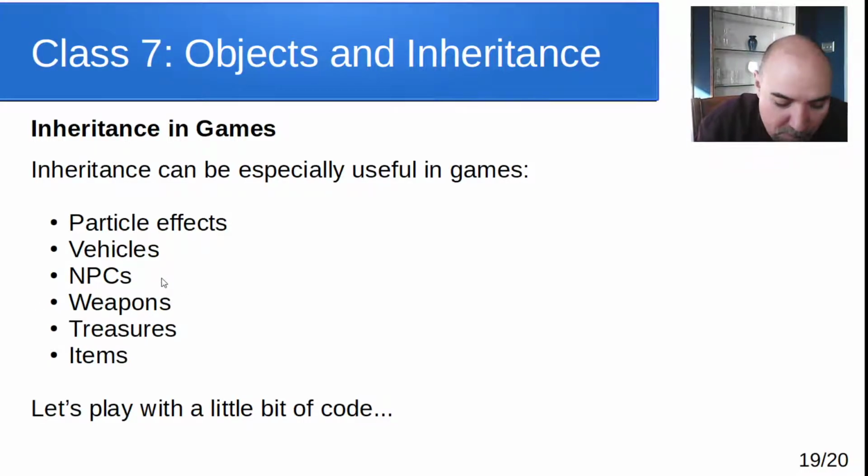Another example that you're probably familiar with is a vehicle. If you think about a game like Grand Theft Auto, there are a whole bunch of vehicles, but they have different attributes. They're buses and trucks and cars, and even amongst cars, there are sports cars and old sedans.